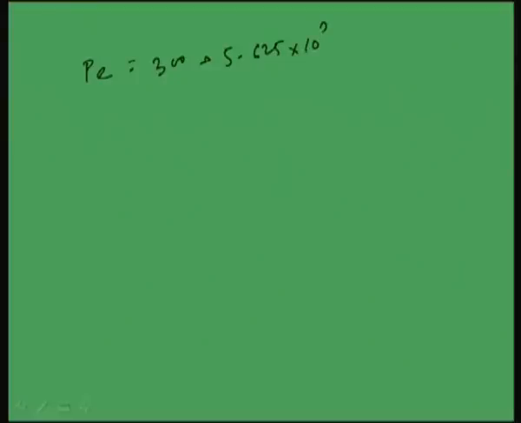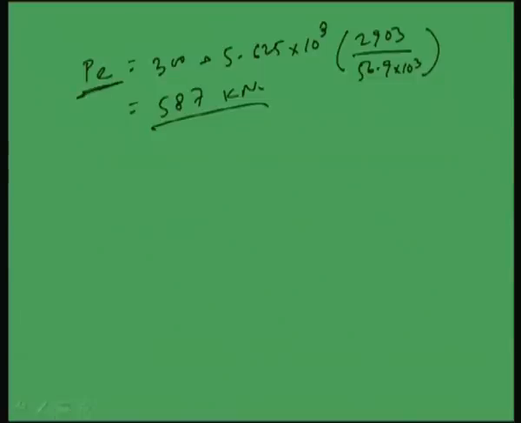So if I make millimeter 10 cube into 2903 by 56.9 into 10 cube, right, the equivalent load we are going to get is 587 kilonewton. Because first we have not calculated P, unless we know the A and Z we will not be able to find out the equivalent load.